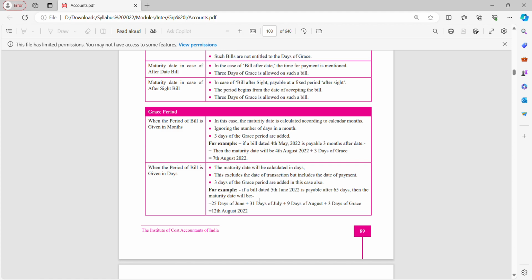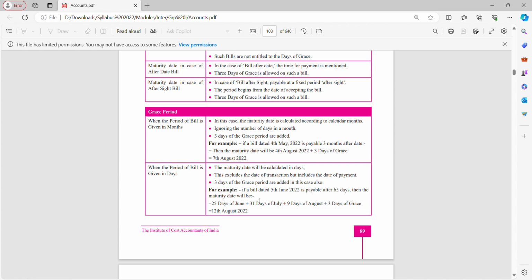When the period of bill is given in months, in this case, the maturity date is calculated according to calendar months. See, if your question specifies 12 months, then you have to add 12 months. If your question specifies 2 months, 2 months. If it specifies 30 days, then take 30 days. 20 days, take in form of days.